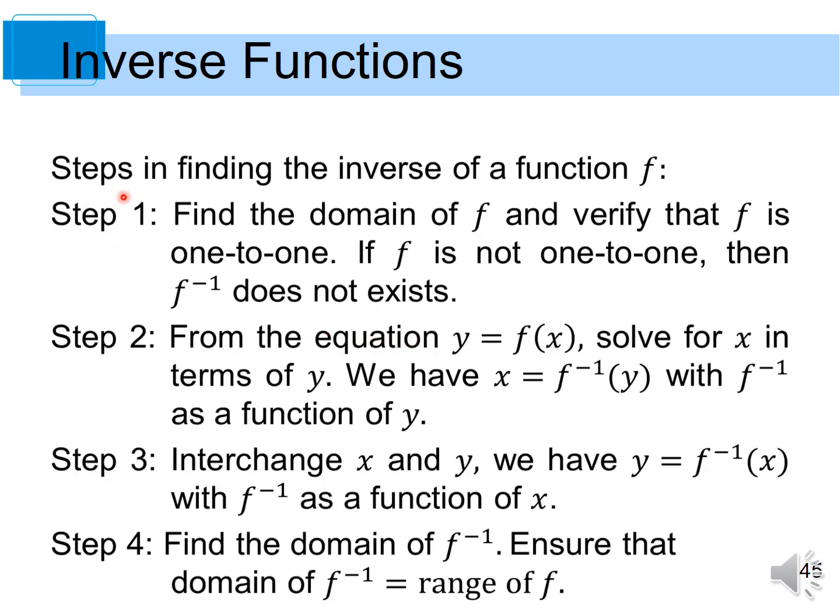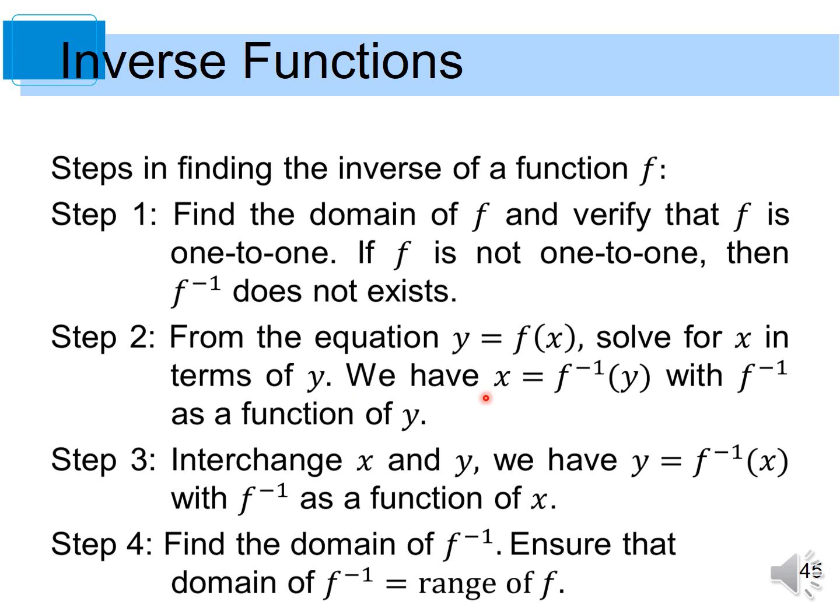Here are the guidelines to get the inverse function. First step, find the domain of f and verify that f is one-to-one. If f is not one-to-one, then the inverse function does not exist. Second step, from the equation y equal to f(x), solve for x in terms of y.